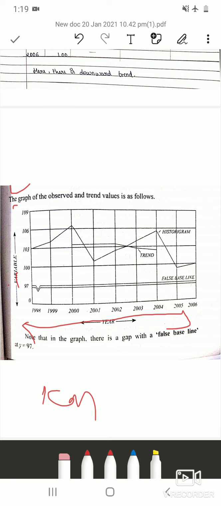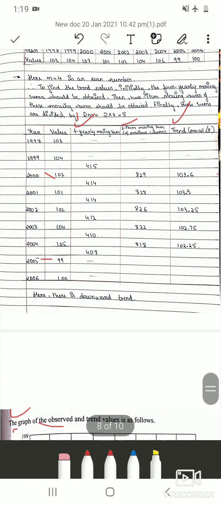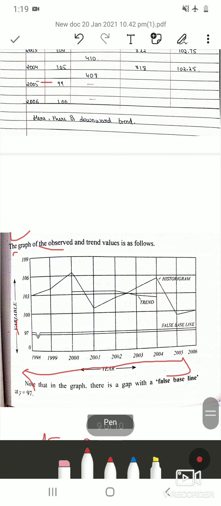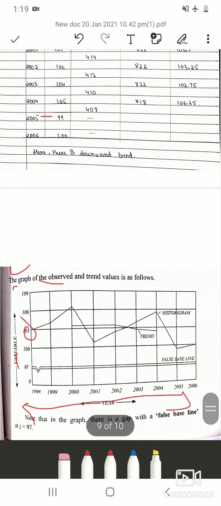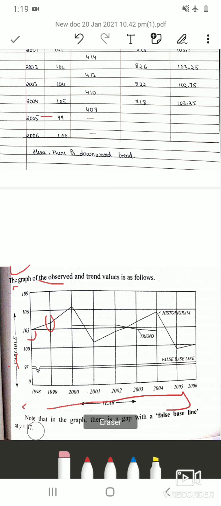So how to plot the graph is, for the observed value for the year 1998, check the value which is 103. So the value lies over here. Similarly for the year 1999, the value is 104, which will be somewhere over here. So similarly plot for all the observed values.